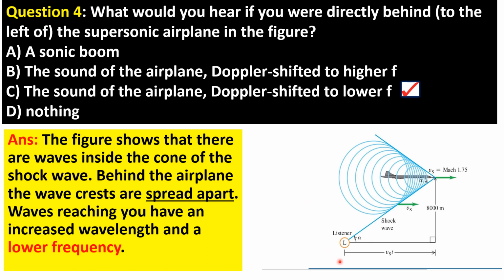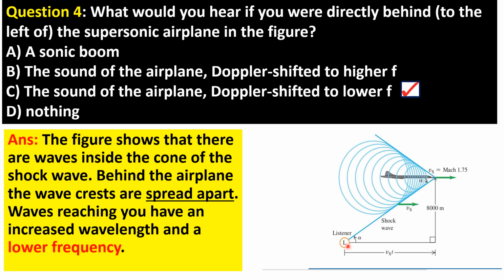Now, in addition, supposing there is a listener to the right of this particular listener over here. This particular listener labeled L here will also be able to hear a sonic boom, which is the result of the shock wave reaching this listener.